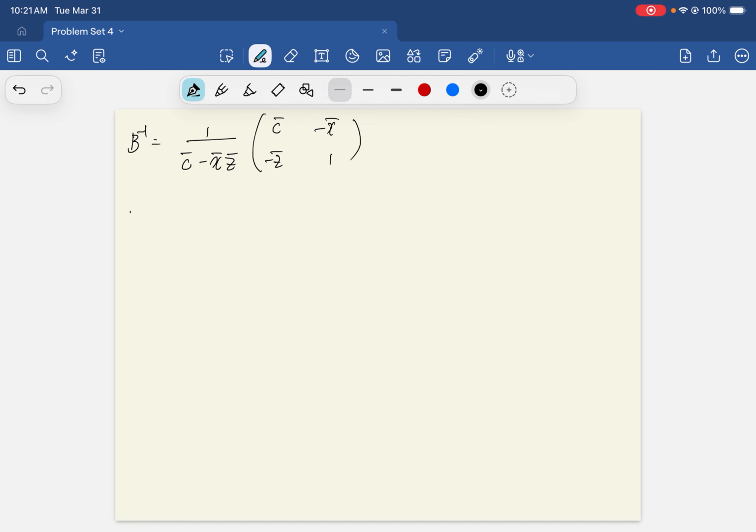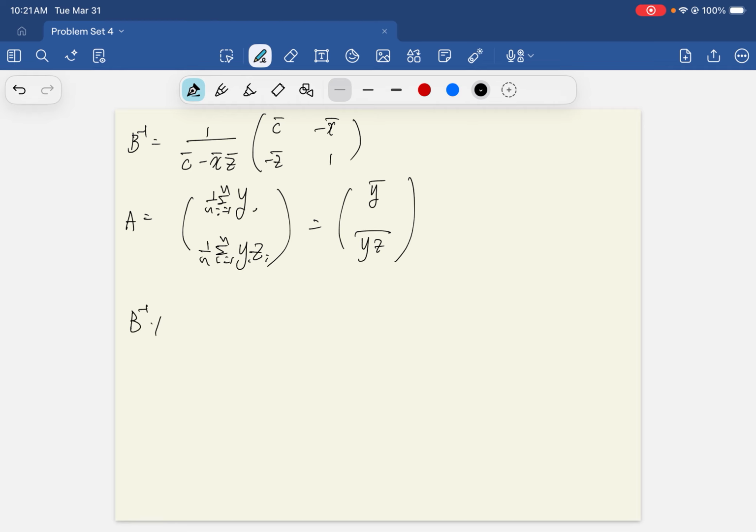And then a was this and yizi, this. So I will also simplify this to y bar and yz bar. Okay, multiply them. B inverse times a is something.